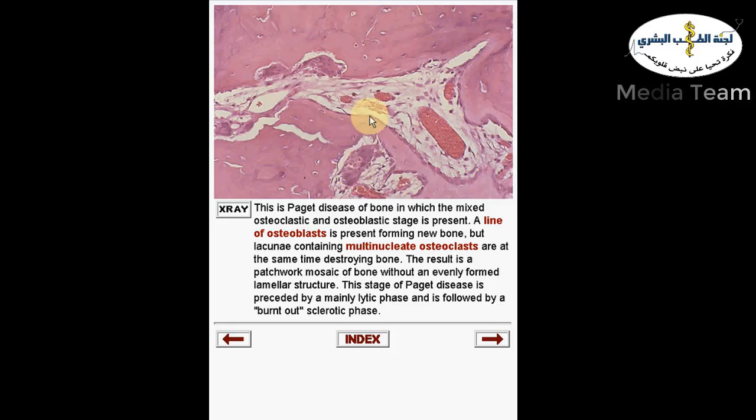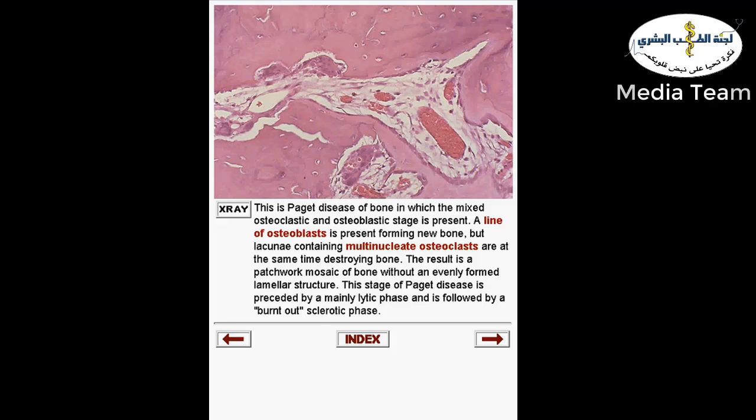So in addition, if you look here at the rimming of this bone, of this osteoid, it's rimmed by osteoblasts. So we have both osteoclastic and osteoblastic activity. So here we are in the mixed stage, where you have osteoclastic and osteoblastic activity. Now the problem here is that the osteoblastic activity, the bone and the osteoid being deposited, is abnormal.